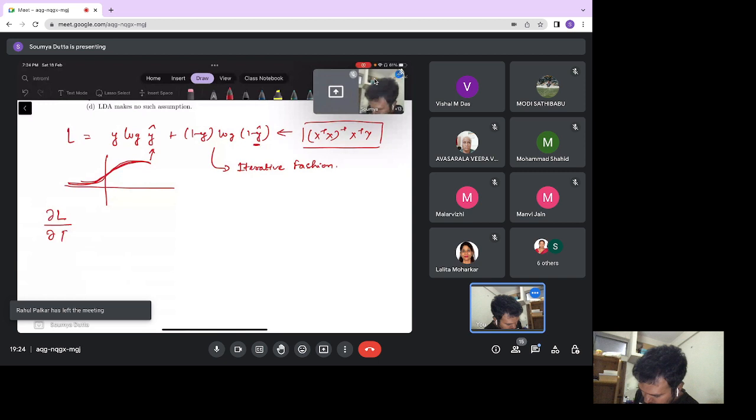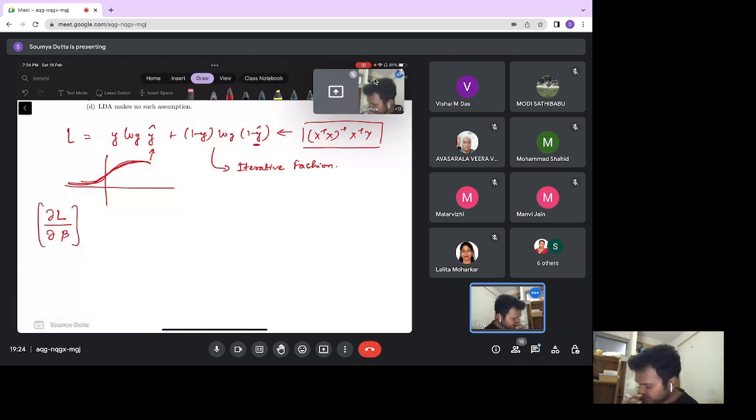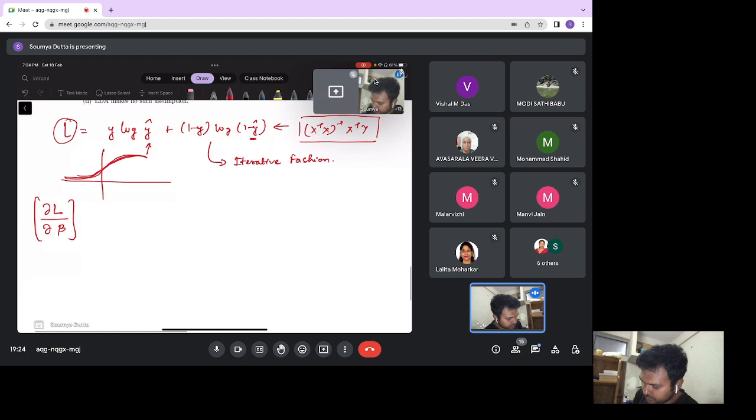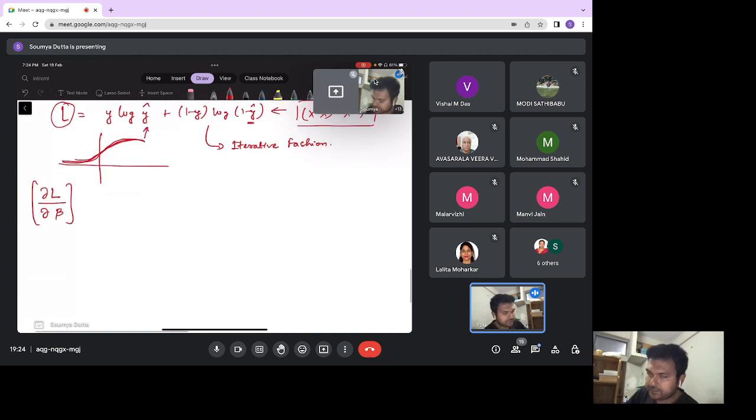Once you find this gradient, you reduce the loss function in accordance with it, in the sense that you take steps in the direction of the negative gradient. Once you do that, in every step your loss goes on decreasing, which means that you are performing better and better on your training data.